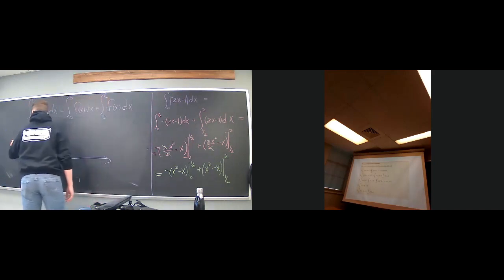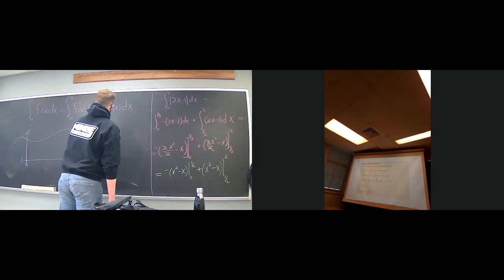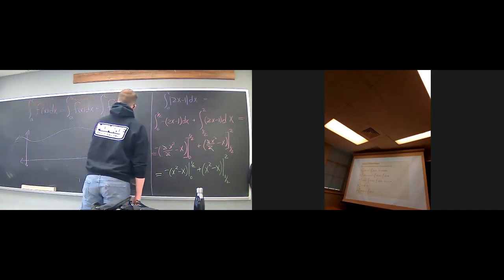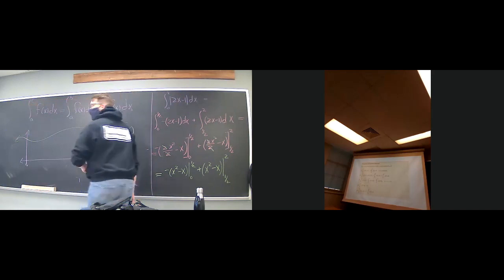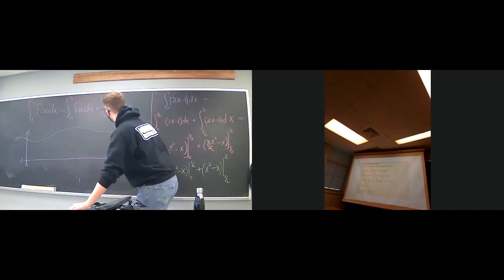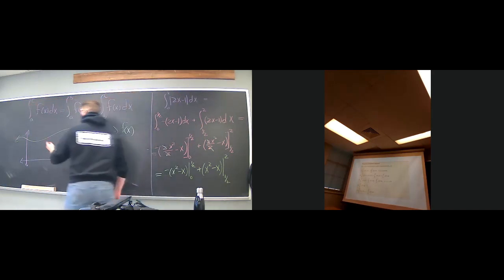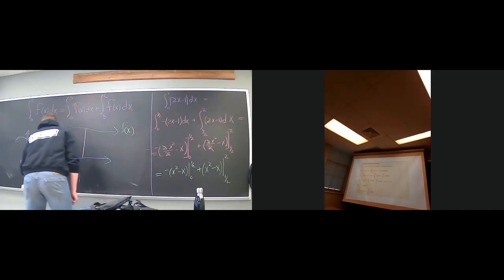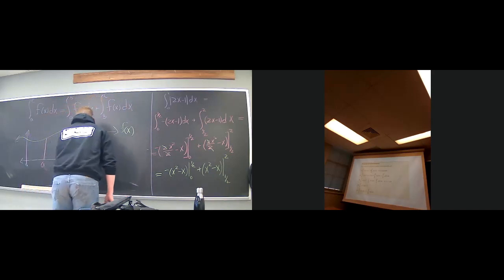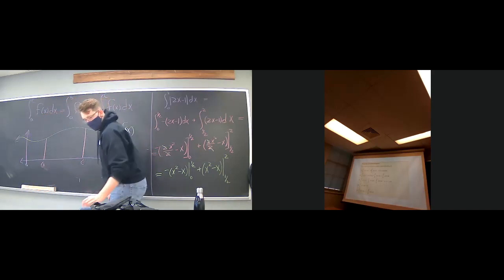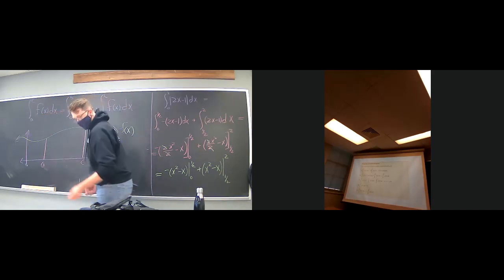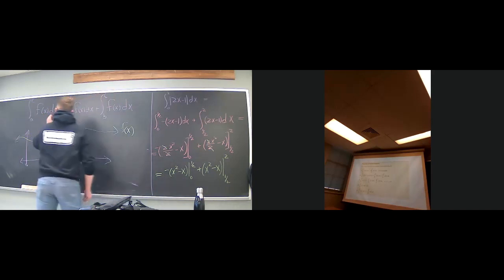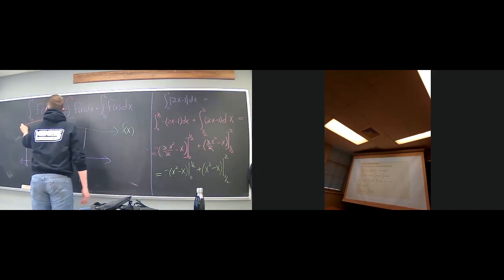We've got a function like something like this. Nothing too exciting yet, right? But we're going to integrate this thing from A to C. That's going to be this part, right?